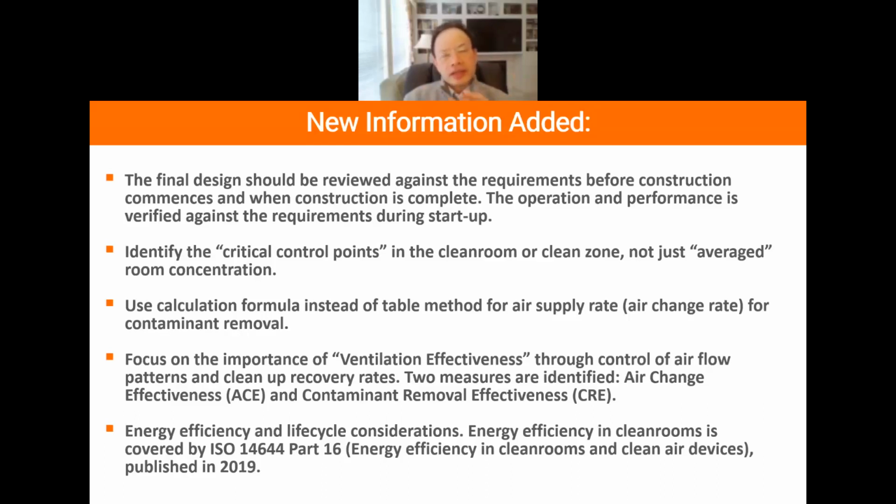The whole idea is to measure at multiple locations in a clean room, you average them, then you take a look to see if you pass, if you are within ISO 7 or ISO 8 or ISO 5. In addition to the average value, which is very important, you also need to pay attention to the critical control points, especially during the process, critical areas or spots.